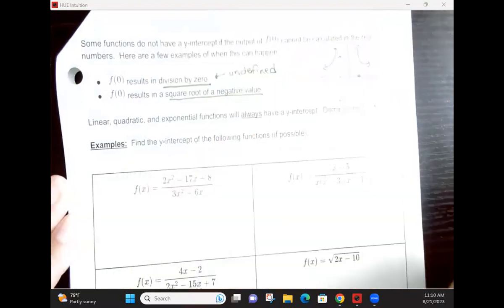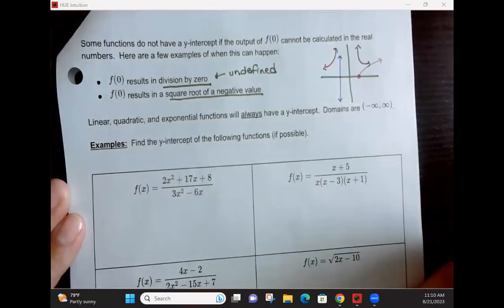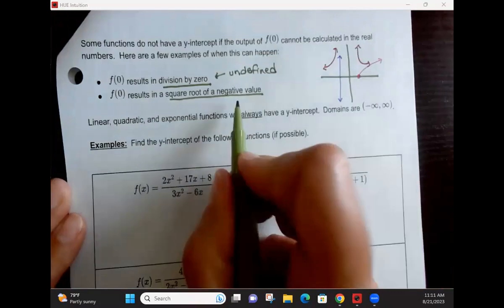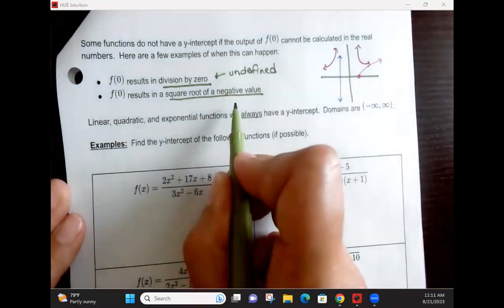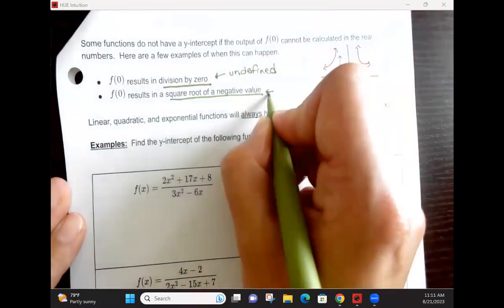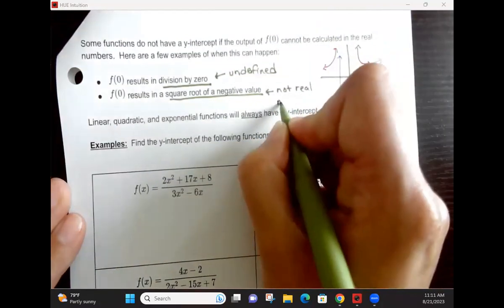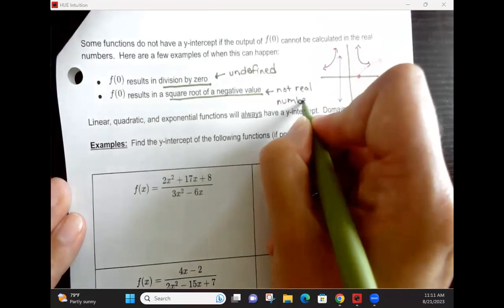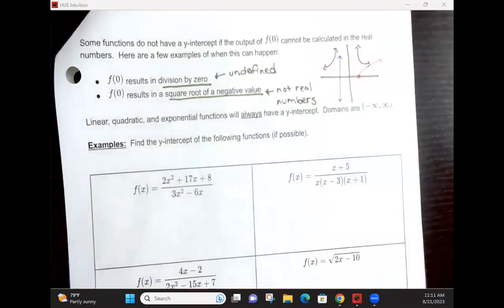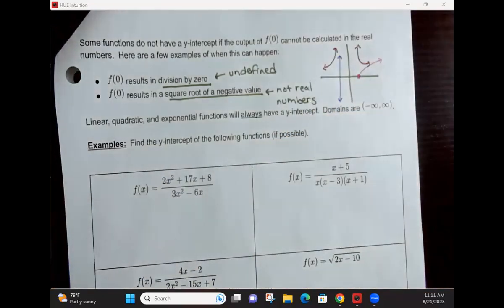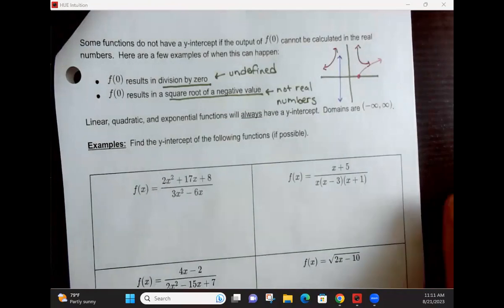So if we plug in 0 and we get something undefined, no y-intercept. And then square roots of negative numbers we saw a little bit last week. Remember, those are not real numbers. Later on in Algebra 2, we'll talk about specifically what they are if they're not real numbers. But since they're not real, we won't see them on our Cartesian coordinate plane.